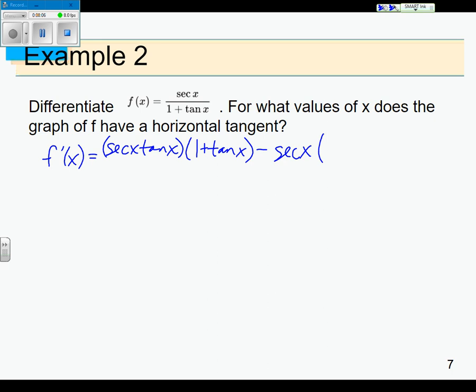Well, derivative of 1 is going to be 0. Derivative of tangent x is secant squared x all over 1 plus tangent x, all that to the second power. I'm really not going to expand that unless I just get a real big ink pencil to write out 1 plus 2 tangent x plus tangent squared x. I don't see how that's going to help me at all. I'm going to have to clean this up.